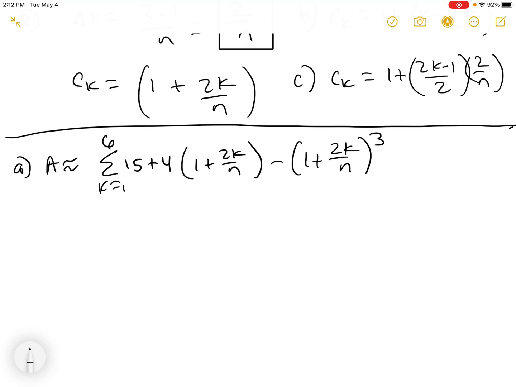All of this is multiplied by the width of the interval, which is 2 over n.